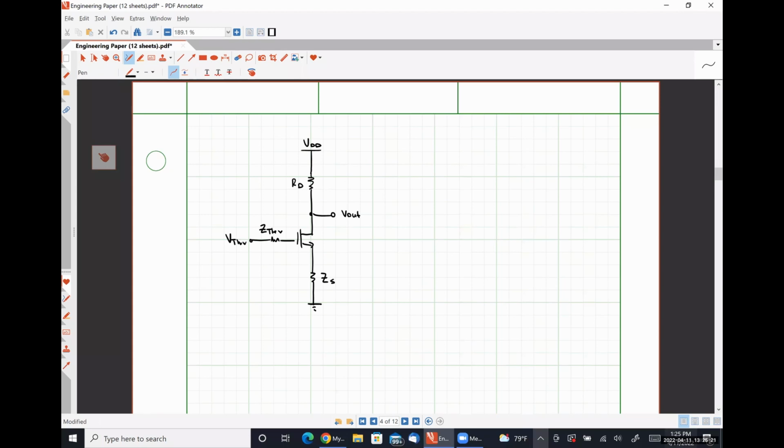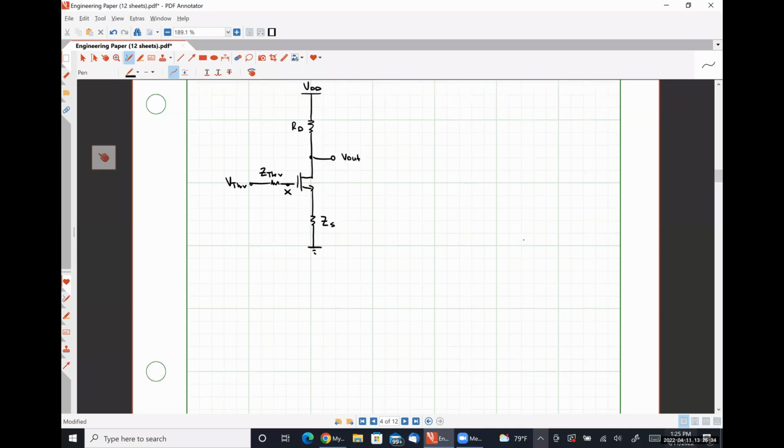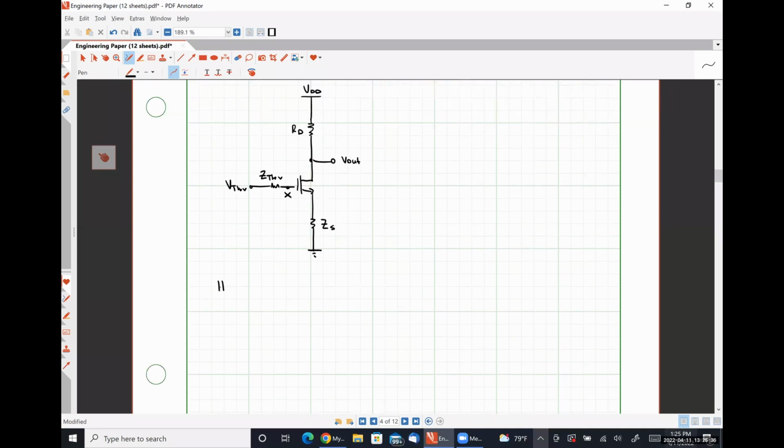So what I'm going to do, I'm going to call this node right here node X. We're going to say that our transfer function H of S, so this is our frequency dependent gain, output voltage as a function of frequency divided by the input voltage as a function of frequency.